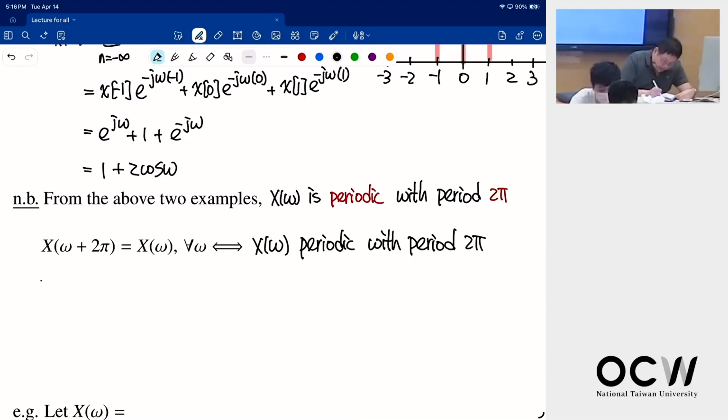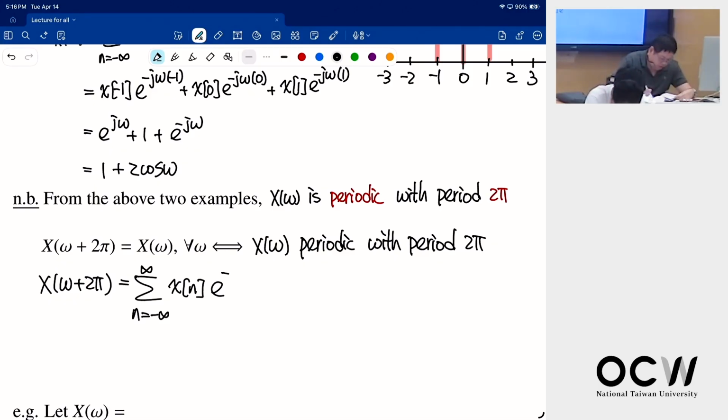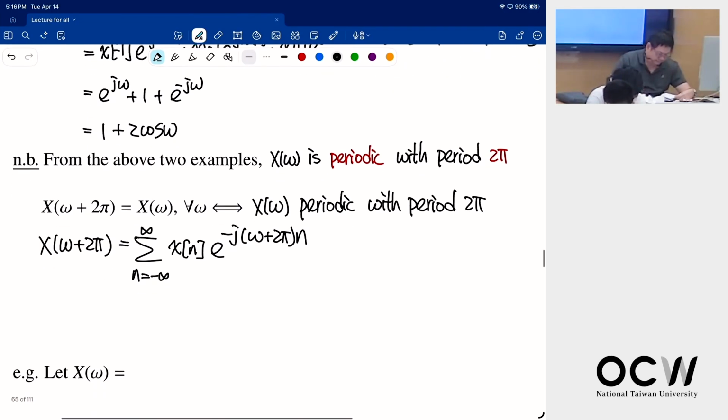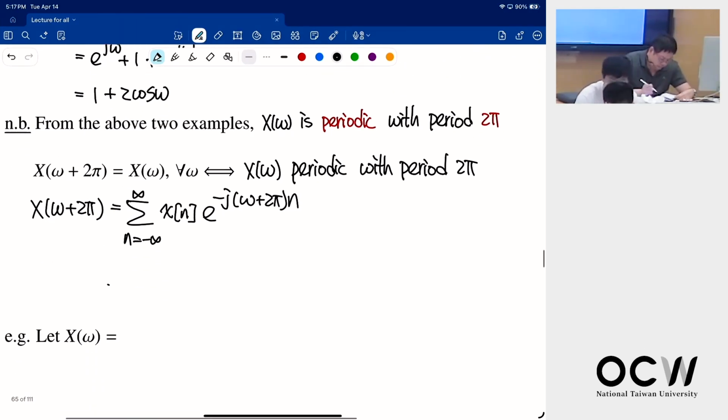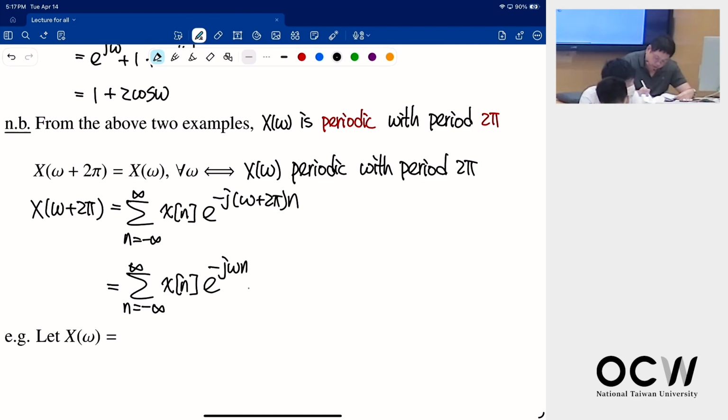Because X of omega plus 2 pi, let's see, if I have 2 pi here, which means this summation of x[n] times e to the minus j (omega plus 2 pi) n. This is x[n] e to the minus j omega n, and also e to the minus j 2 pi n.